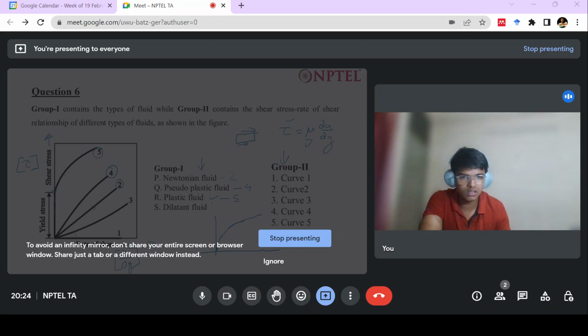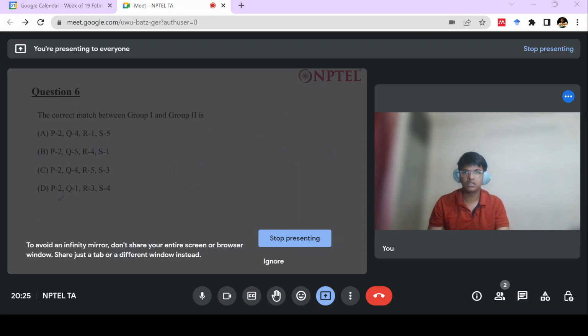So here the graph will be exactly opposite. The slope will continuously keep on increasing. So this is my dilatant fluid. So my answer: P2, Q4, R5, and S3.